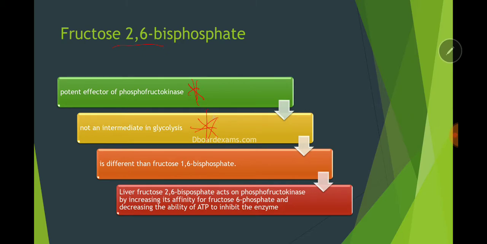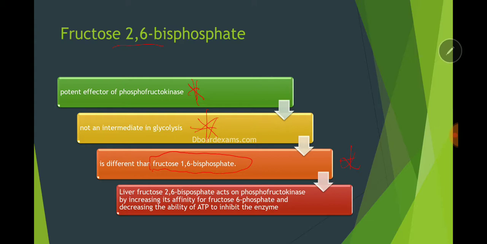So glycolysis does not produce fructose 2,6 bisphosphate, and you have to make sure that you know that this fructose 2,6 bisphosphate is a different molecule from fructose 1,6 bisphosphate.